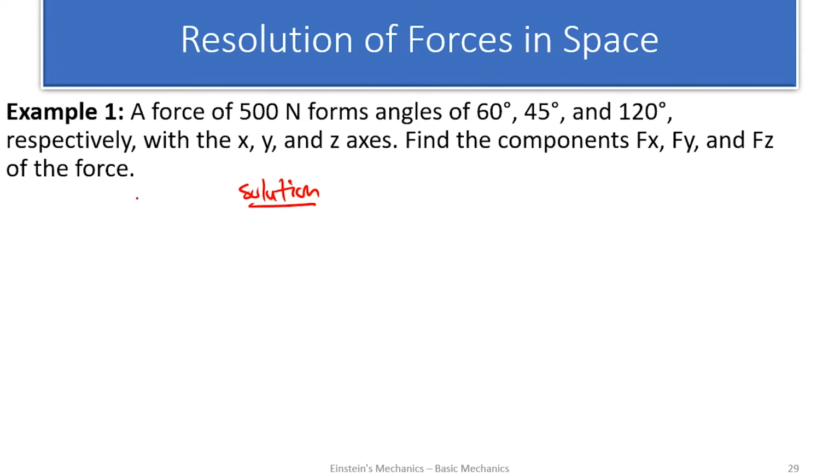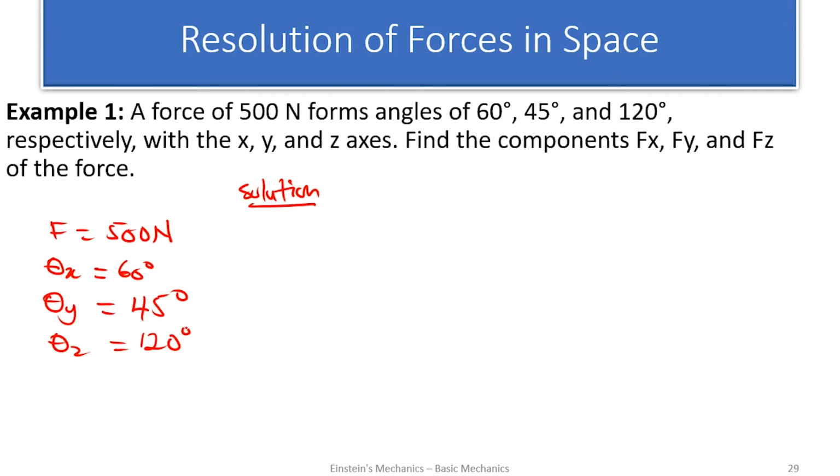We have a force, that's the magnitude of a force, F, giving us 500 newtons. It makes an angle with the x of 60. So can we say theta x is 60 degrees, and theta, pay attention, theta y is 45 degrees, theta z from the question 120 degrees.